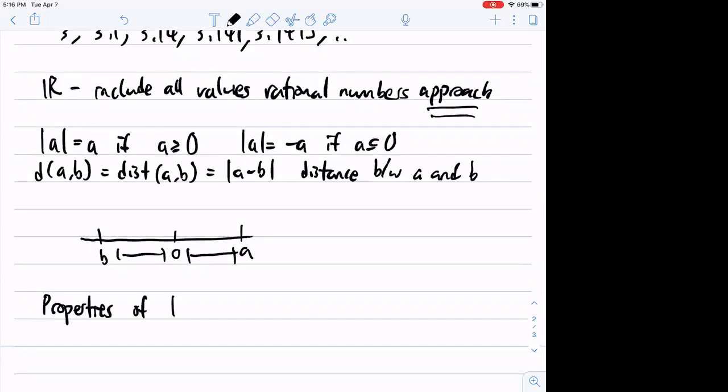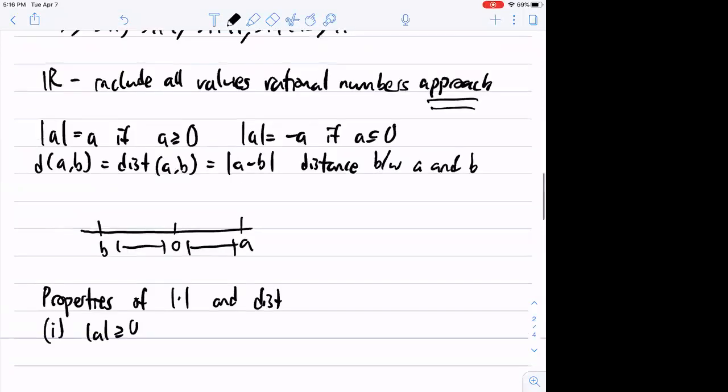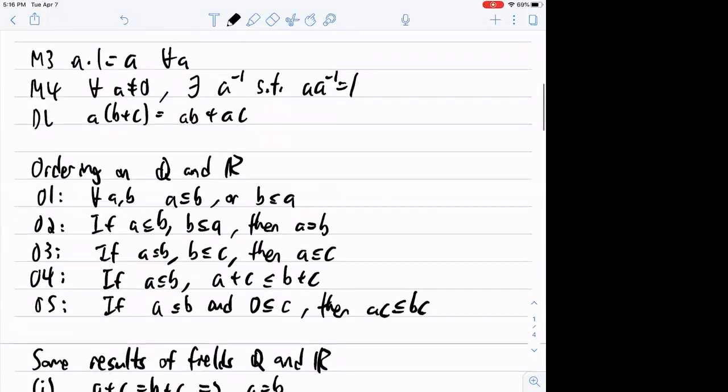Okay, so let me just write properties of absolute value and distance. First off, you can show that absolute value of A is bigger than or equal to 0. Note that if you want to prove it formally, you need to use the ordering properties O1 to O5.